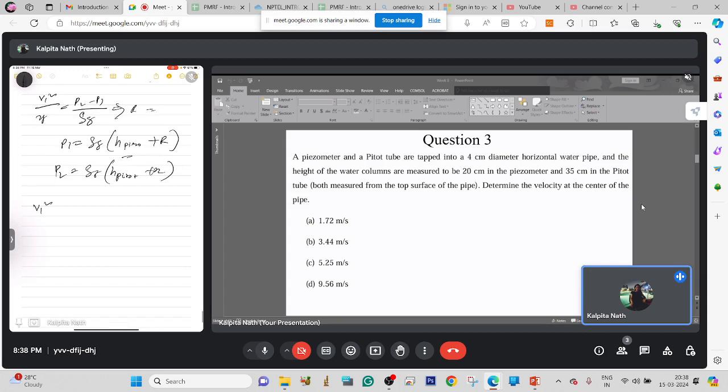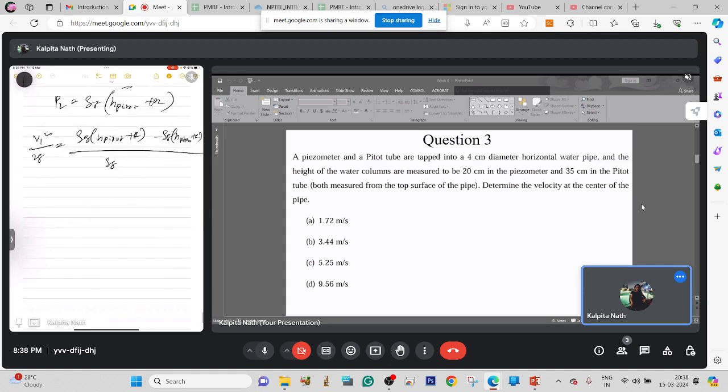So V1 square by 2g is equal to rho g h of pitot plus R minus rho g h of piezo plus R, upon rho g. So V1 is equal to root over 2g times h of pitot minus h of piezo.